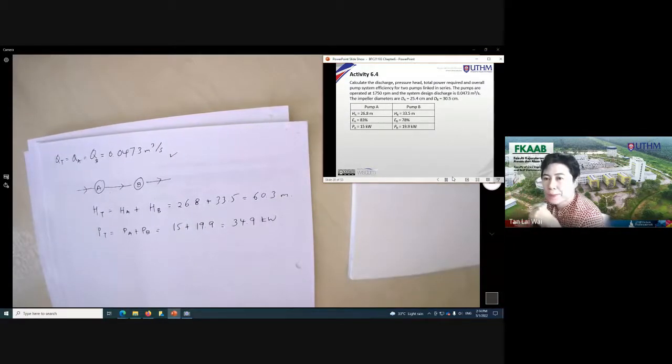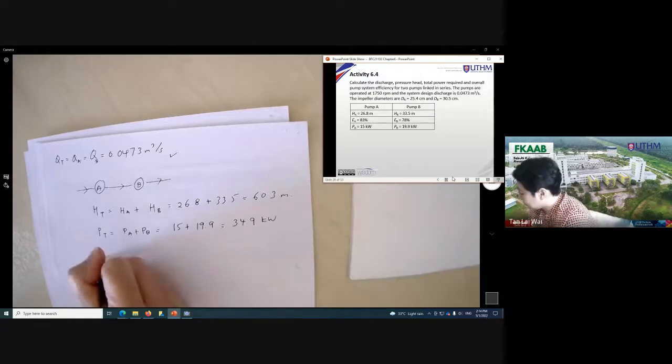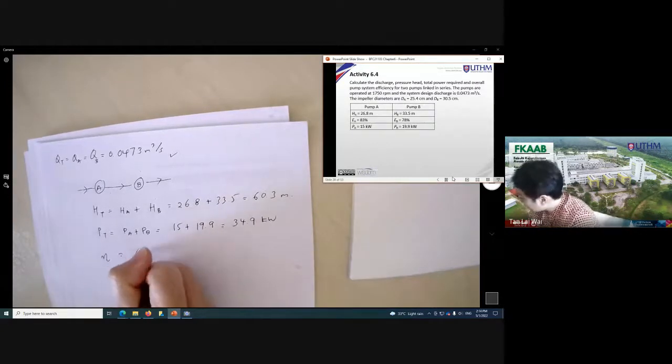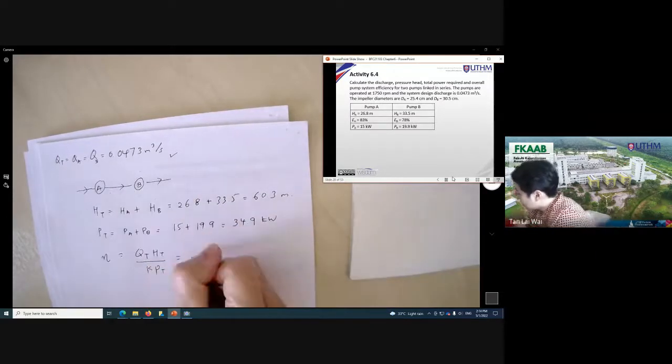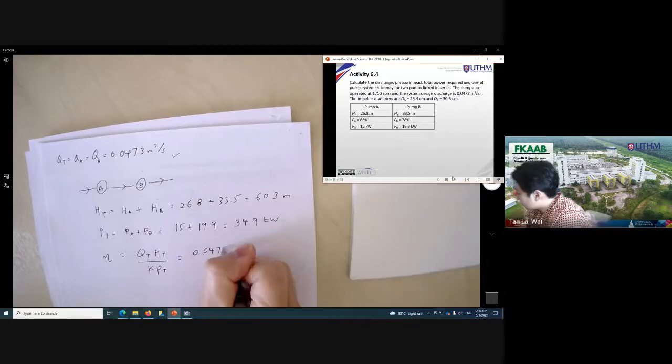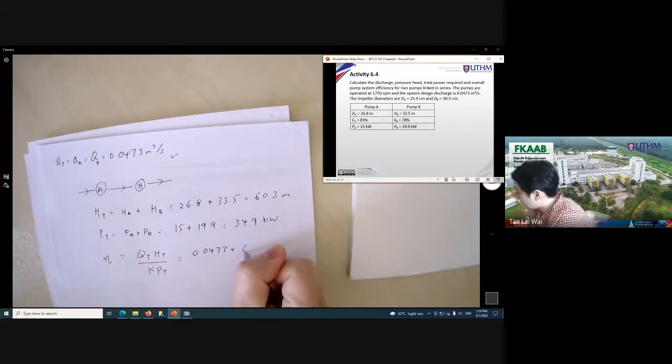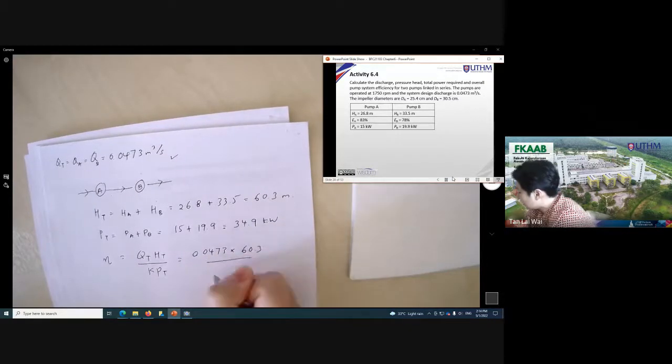What else? Efficiency. Efficiency would be QTHT divided by KPT, which is 0.0437 times 60.3 divided by KPT.